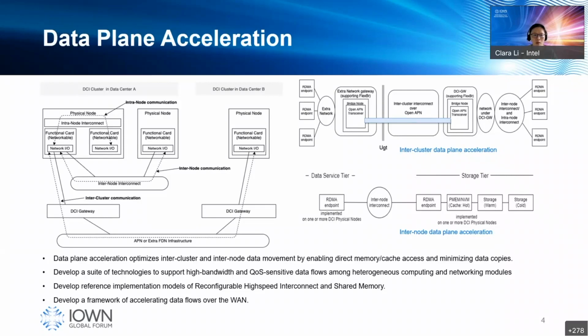For example, for the intra-node interconnect, we are leveraging CXL to allow direct memory and cache access. And for the inter-node interconnect, we are leveraging, for example, RDMA to enable direct memory access. There are also reference implementation models developed for reconfigurable high-speed interconnect and shared memory. And we develop a framework for accelerating data flow over the wide area network.